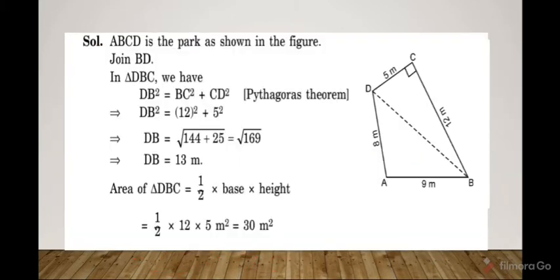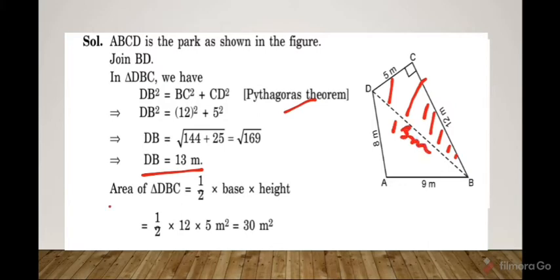As I told you, you have to join BD. When you join this BD diagonal, this triangle will become a right angle triangle. By using the Pythagoras theorem, you can find the value of BD, which is equal to 13 meter.